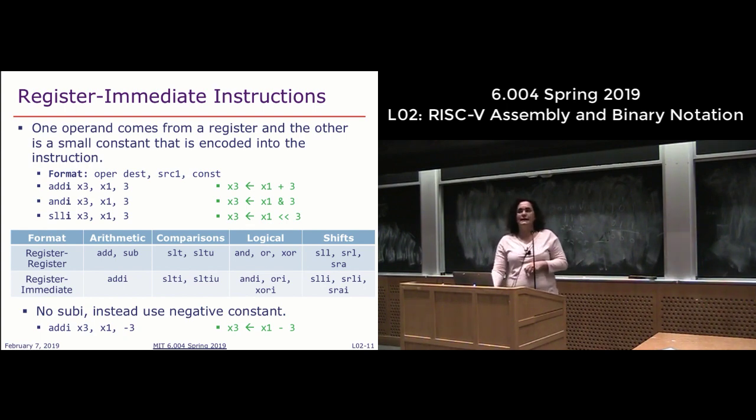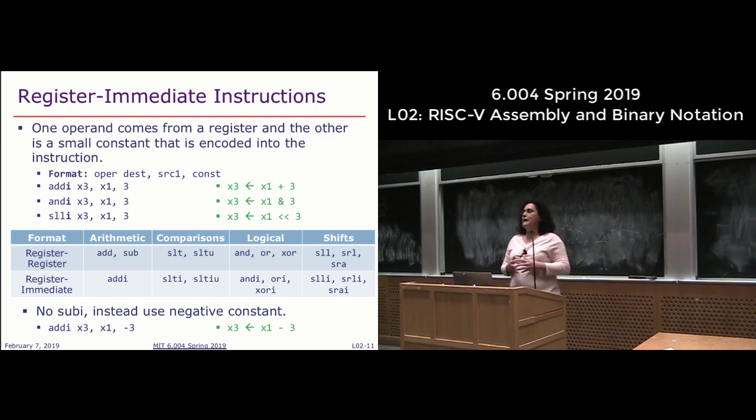Basically, it's just like we saw before, except that now instead of having a second source register, we have the small constant that comes directly from the encoding of our instruction. And so here are the same examples we saw before, except that now I have a hard-coded constant 3 rather than a different register being my second source operand.